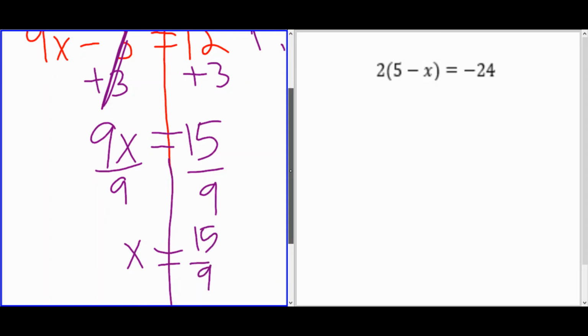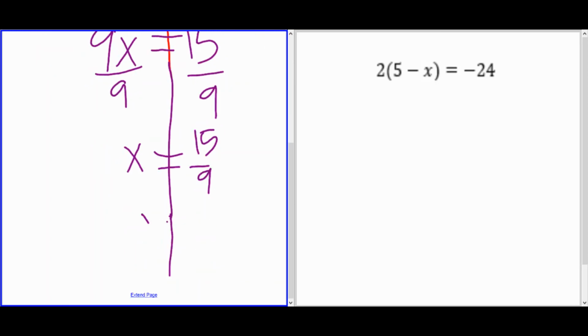If you put it in your calculator, it will likely give you a decimal. But if you wanted to simplify it as a fraction, 15 and 9 are both divisible by 3.